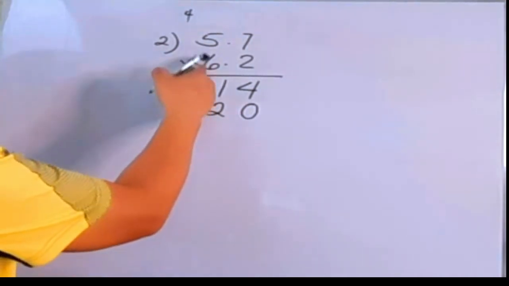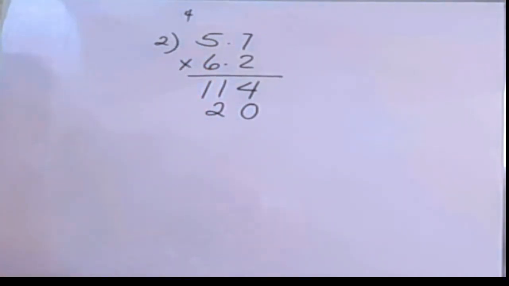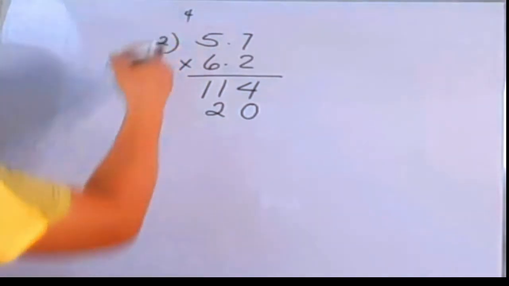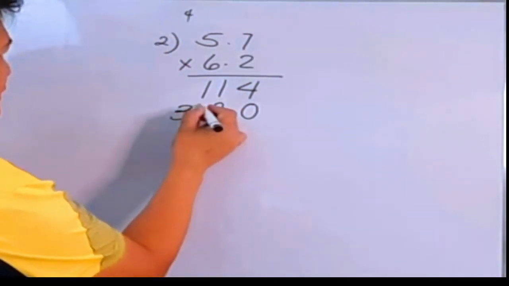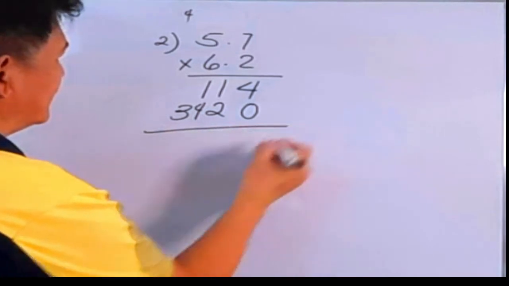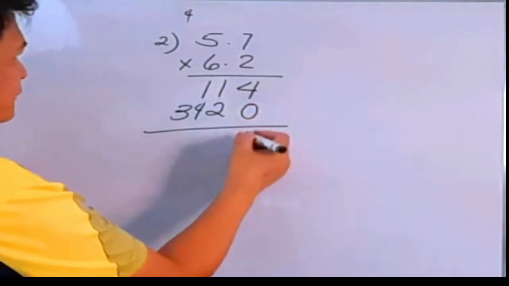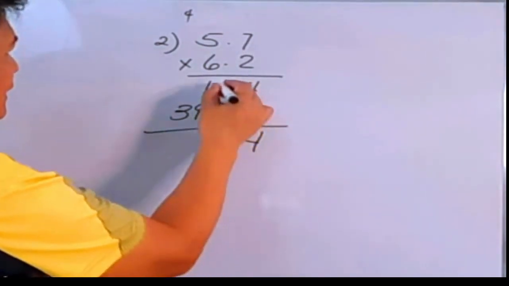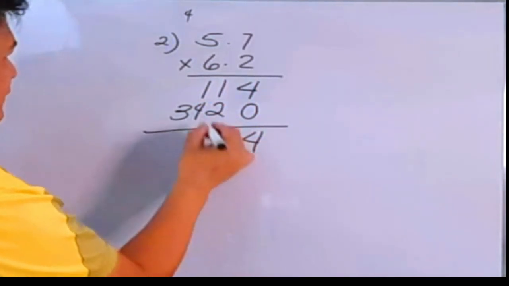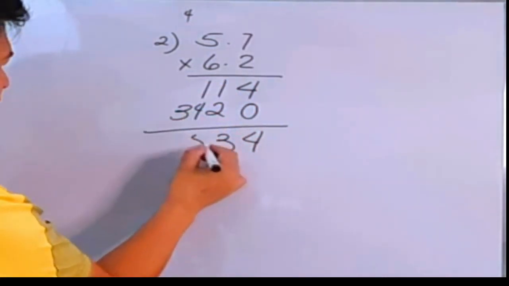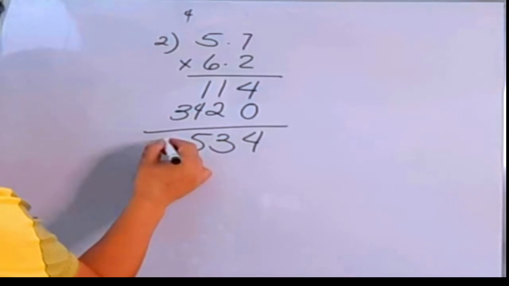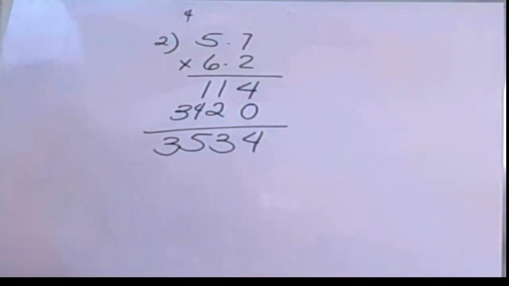And then 6 times 5 is 30. Plus 4 is 34. And then we add, will be 4 plus 0 is 4. 1 plus 3 is 4. 1 plus 4 is 5. And we bring down 3.